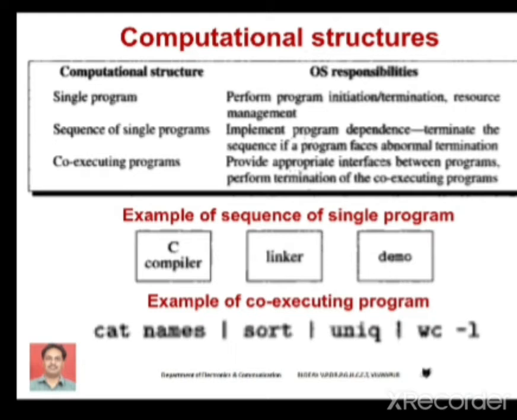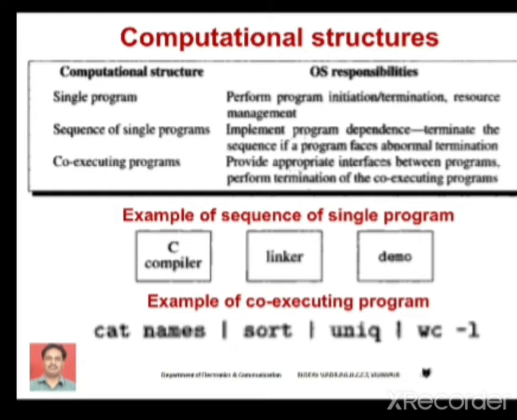Say, for example, assume that you have a C program which is to be executed. Execution of a C program includes compilation, then linking, and getting the results. At the first stage, a compiler program is executed which converts high level language instructions, that is, C language instructions, into machine language. At the second level, the linking takes place.